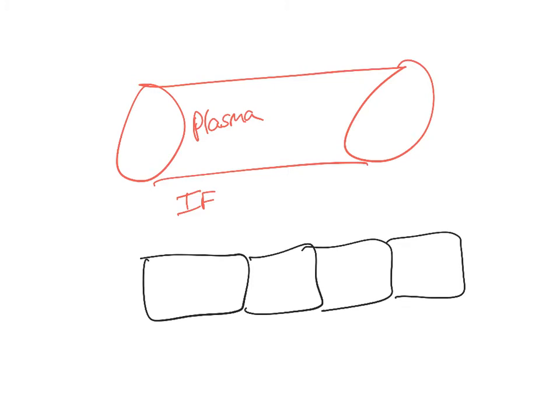So if the plasma fluid increases, then the interstitial will of course increase. So if they're increasing, that means that your blood pressure is going to increase. So your blood volume goes up and your blood pressure goes up.